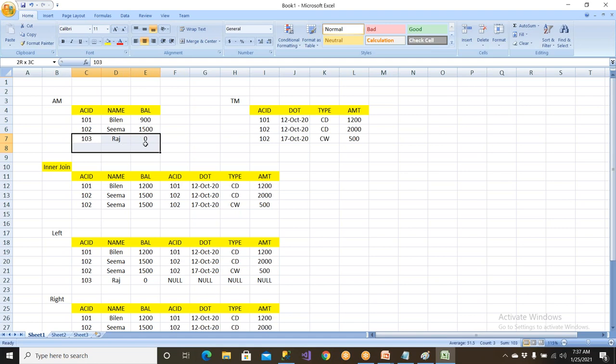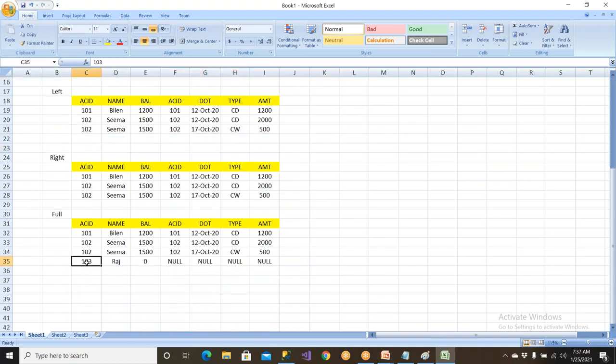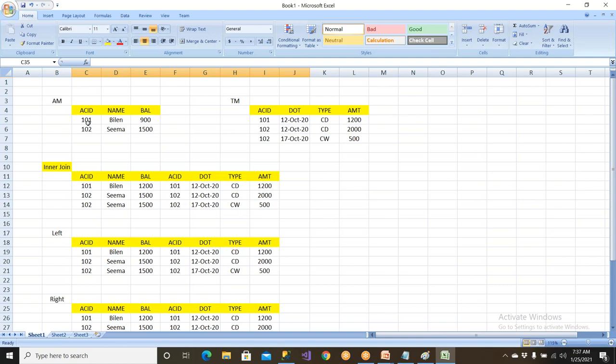If I don't have this row as well, then inner join, left outer, right outer, everything will be inner join only. See now, if I don't have any unmatched data here, because 101 has opened the account and done some transaction, and 102 has done two transactions, there is no unmatched data here and no unmatched data there.